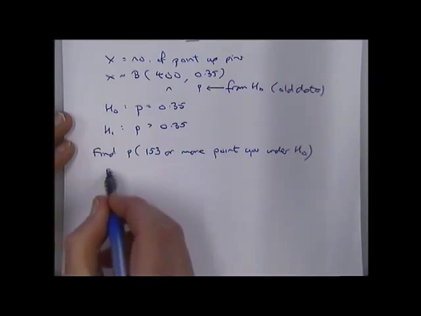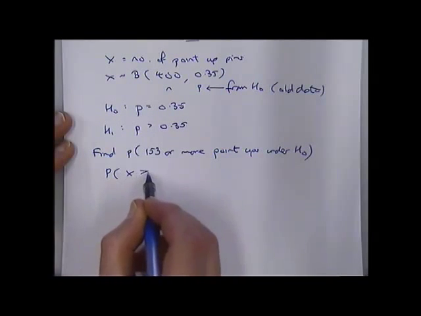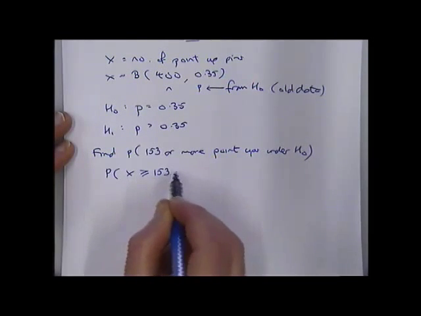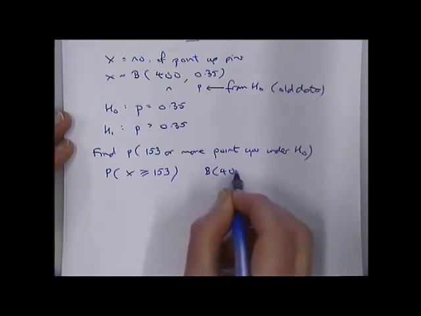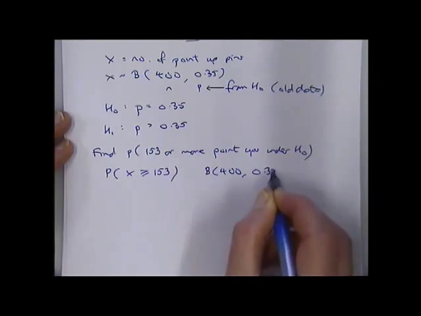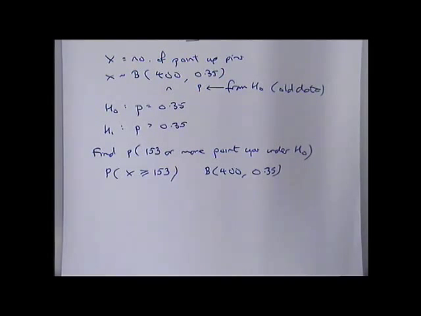So what I want then is a probability that X is greater than or equal to 153, and I will use my binomial distribution, 400, 0.35, for this calculation. Right, any comments?